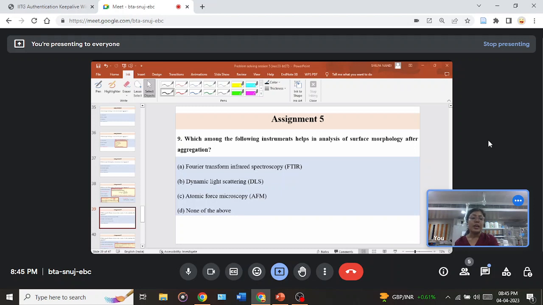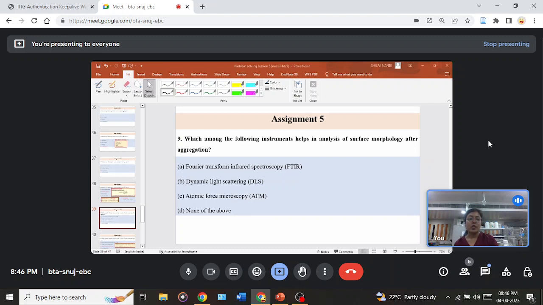So the peaks, when you get the graph or when you plot it in the Gaussian curves, you will get the peaks which you can compare with the standard peaks, and you can analyze which of the peaks with that particular wave number corresponds to what kind of secondary structure.